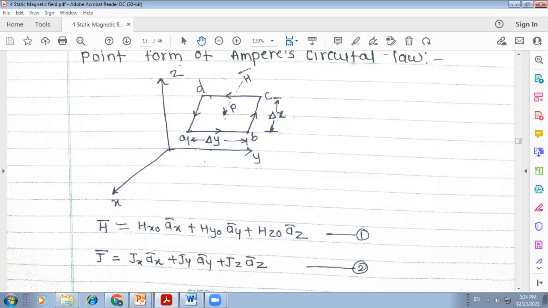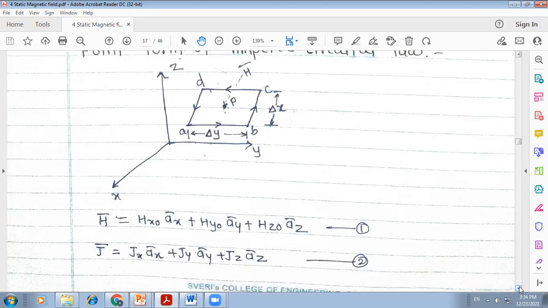A bar y, right? It is plus a bar y. So h bar can be written as hy into plus a bar y. And for length, you can take the positive unit vector. Now here dl bar can be given as the differential length delta y, so it is delta y into a bar y.